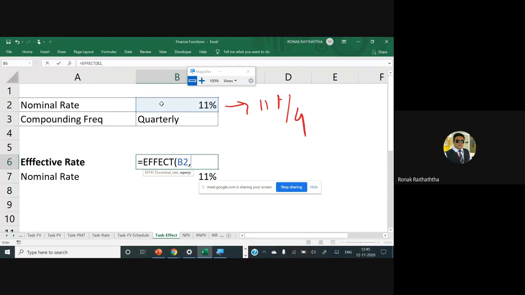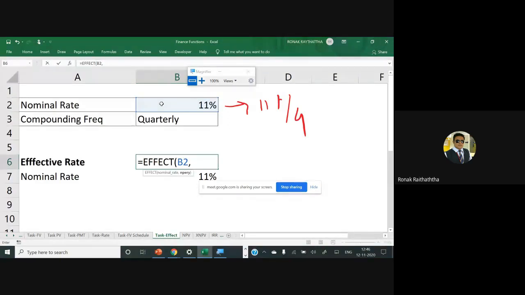Comma. Then it asks you the number of periods in a year. Now, can someone tell me what will be the number of periods in a year if my compounding frequency would be quarterly? May I have the answer, please? 4. Absolutely correct. If my compounding frequency would have been monthly, my number of periods in a year would have been 12.